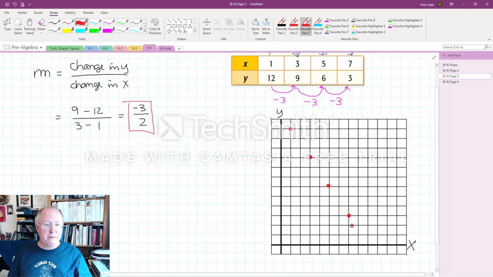Right there. So let's plot a line. Like so. So there is our line plotted, and all of those points correspond to the points that are up in the table.